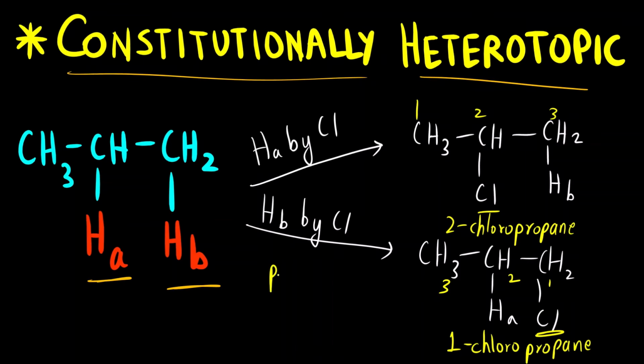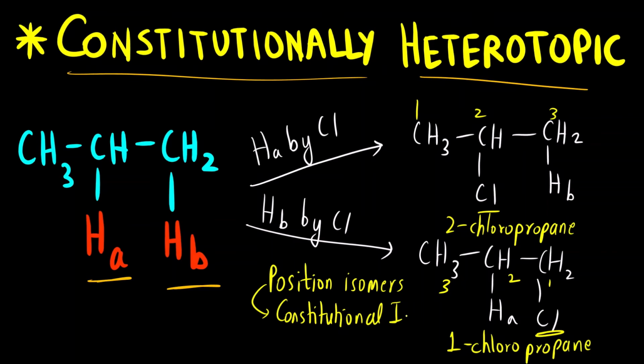That is why they are position isomers, and we know what position isomers are. They are a type of constitutional isomer. What are the different types of constitutional isomers? In the isomerism video we had seen, they can be position isomers if the position of the functional group is different. If the functional group itself is different, then we call them functional isomers.